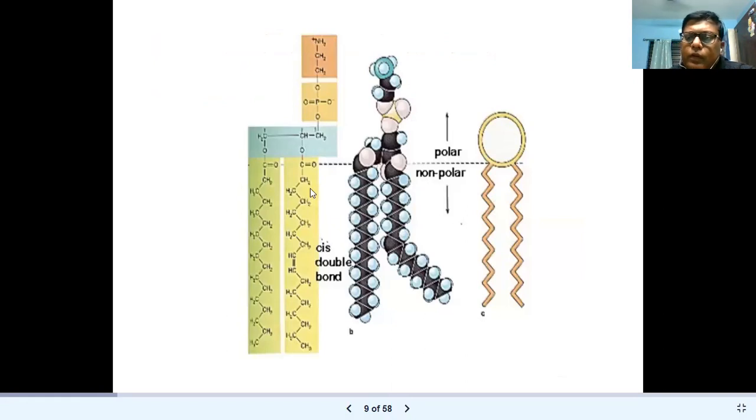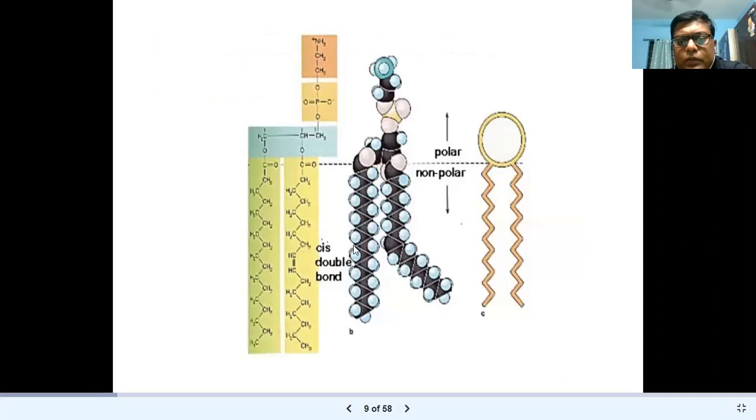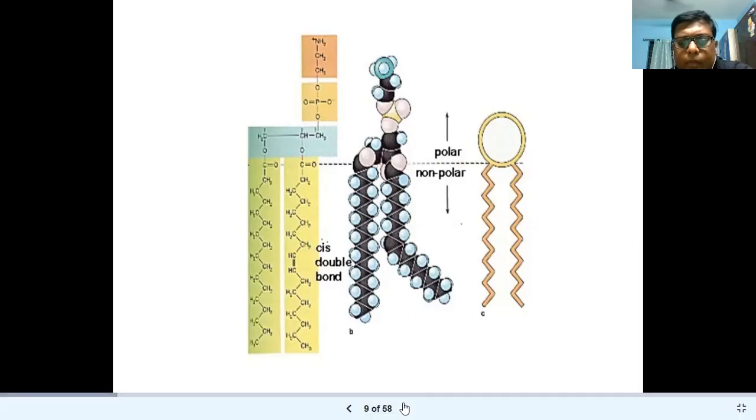It is elaborated again. The two chains that are the non-polar fatty acid regions here are actually forming a cis double bond. This cis double bond affects the packaging of these fatty acids. So there is a cis double bond in the non-polar tail region.